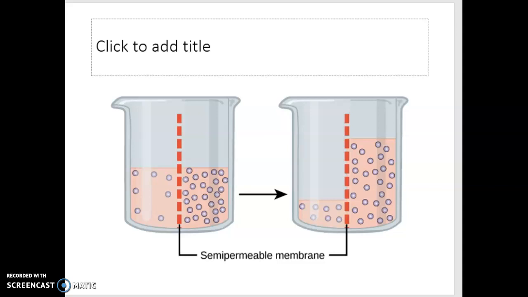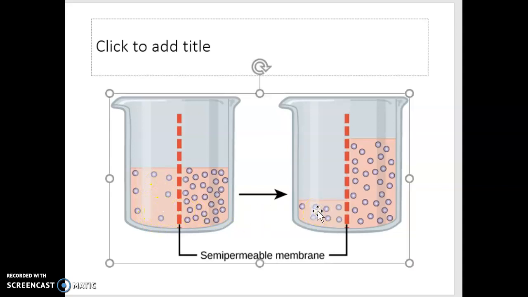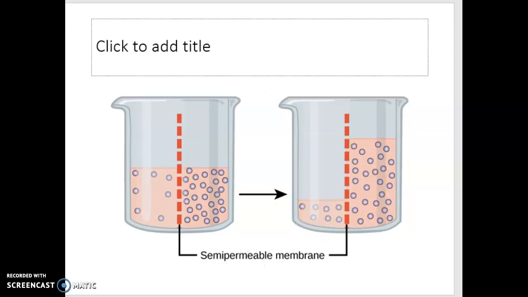The water does not have to equal out exactly, but the relationship of the solutes to the water has to equal out. So here, same amount of water, different amount of concentration. Highly concentrated, less concentrated. The water moves, so everything ends up being kind of medium concentrated, right? All looks the same. Okay.